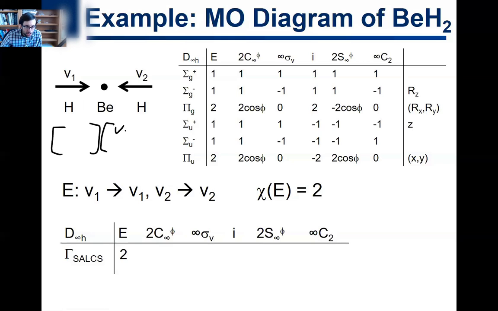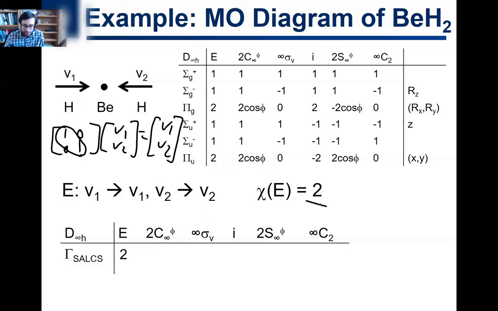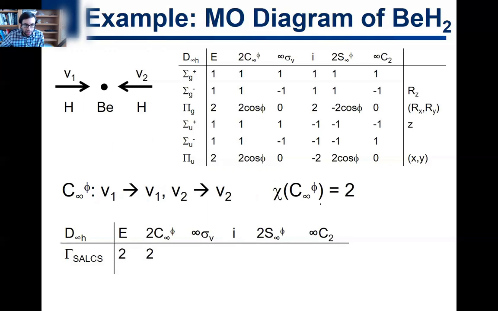We're asking the question, how do v1 and v2 transform? Well, for identity, v1 and v2 just give back v1 and v2. So we have the identity matrix, 1s across the diagonal, 0 across the non-diagonal. So the character is just the trace, which is the sum across the main diagonal, 1 plus 1, giving us an answer of 2, okay?